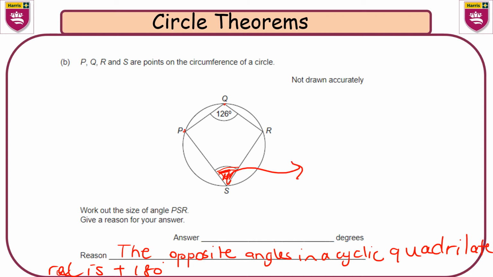Therefore, this is 180 take away 126 degrees, which gives me 54 degrees.